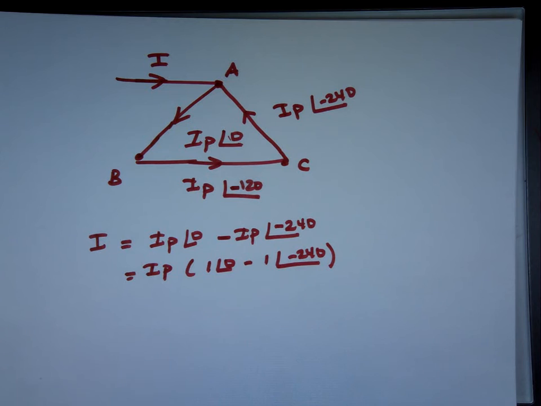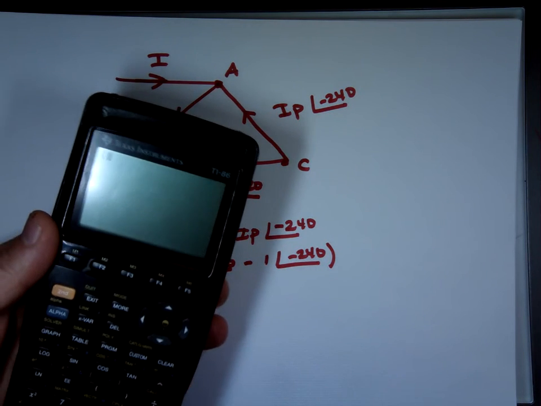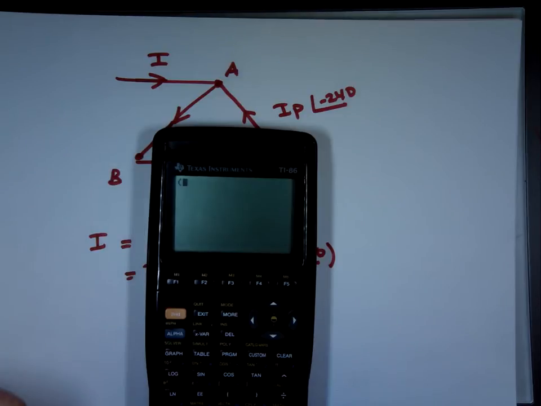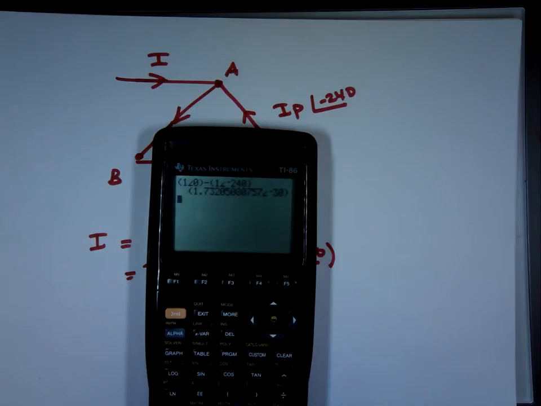Let me go to my calculator here. Let's do the math. Can you see it? 1 angle 0 minus 1 angle negative 240. Look at that, 1.73. What is that? Isn't that the square root of 3?